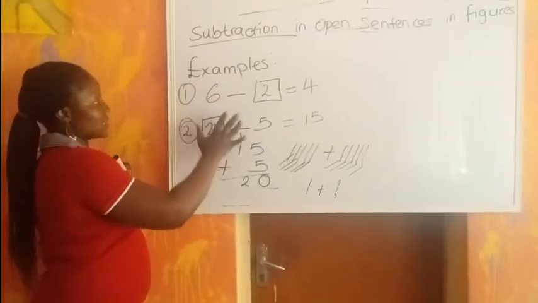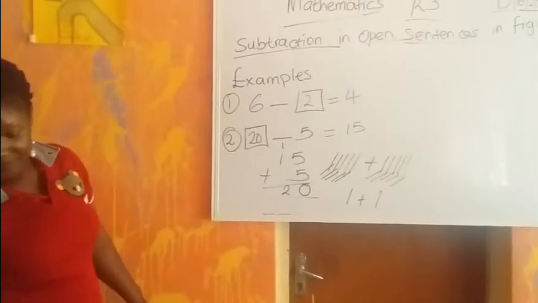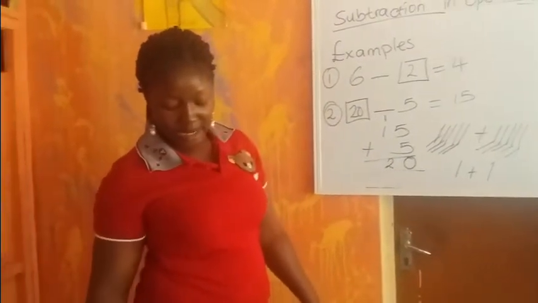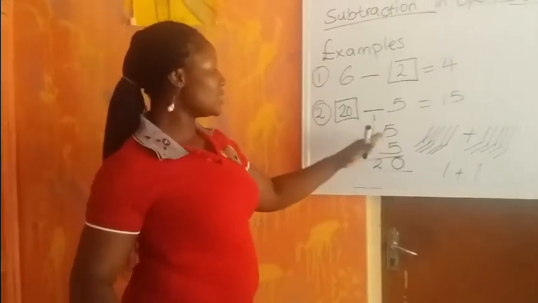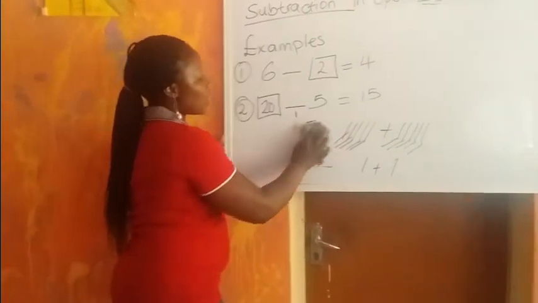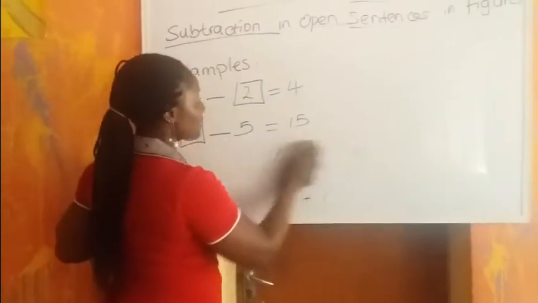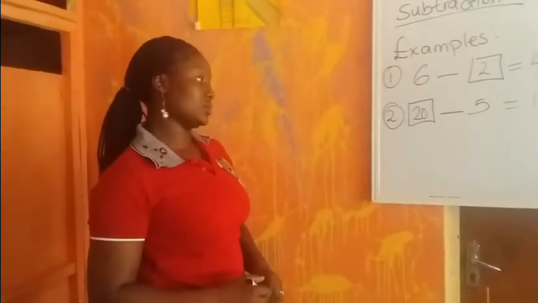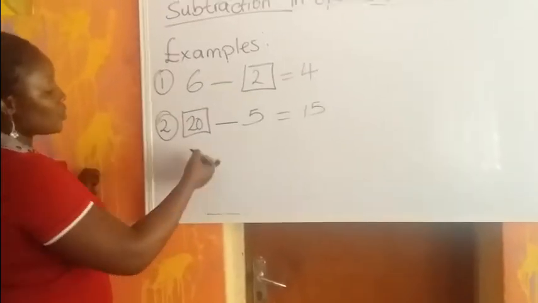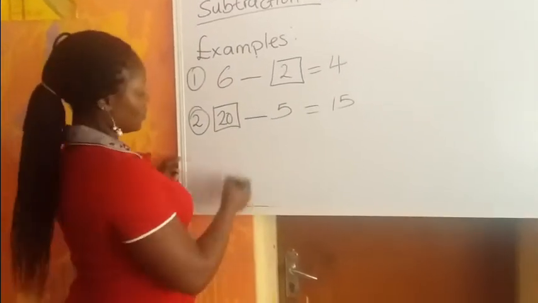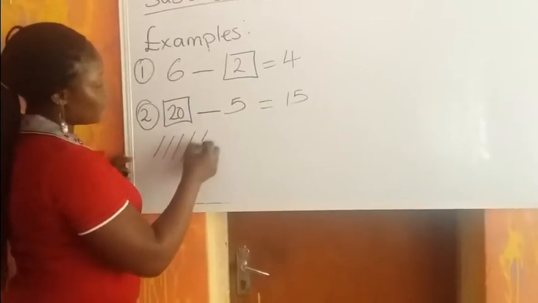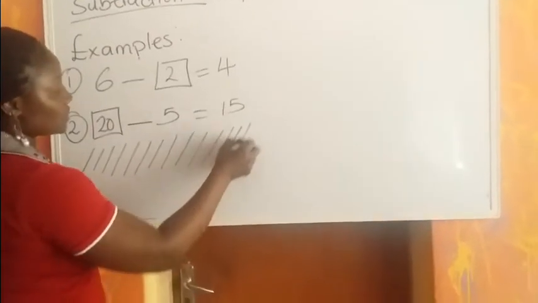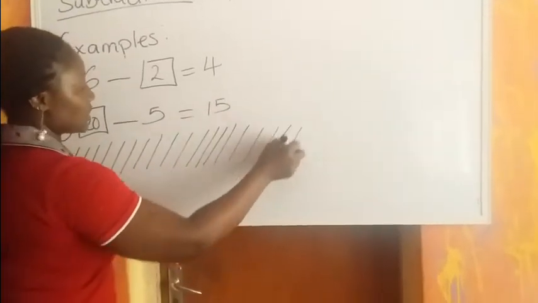That's all for this part. Then we will also be looking at other ways, because some of us may find this method somehow difficult. Let's work this 20 minus 5 to give us 15 in a different method. This time you count your 20 strokes: 1, 2, 3, up to 20.